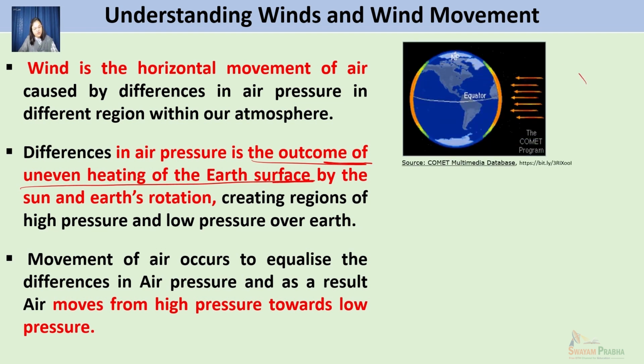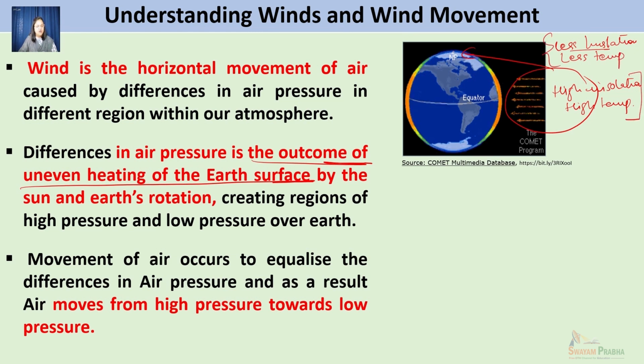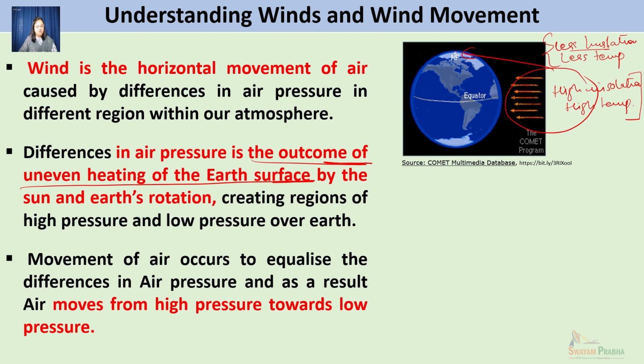So as we know that the lower latitudes receive high insolation, therefore they have high temperature as compared to the higher latitudes which receive less insolation, therefore they have less temperature. And this temperature difference across latitudes leads to differences in air pressure also.